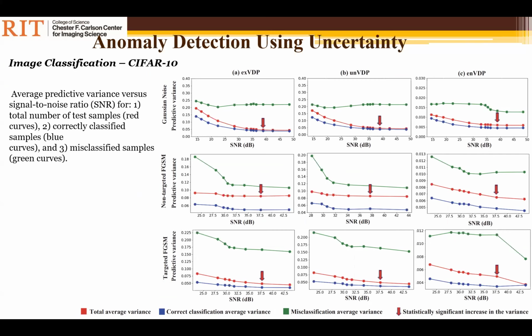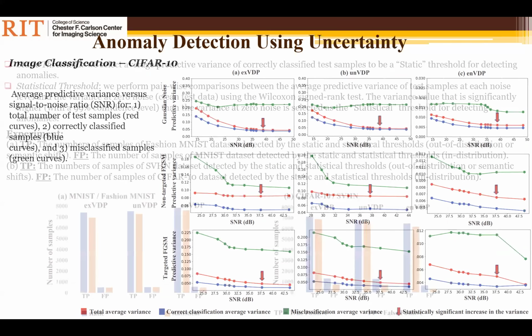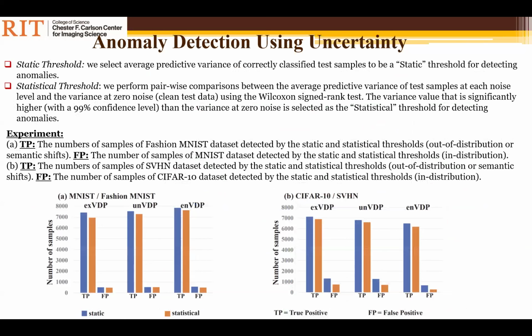There could be adversarial noise or any type of noise, or it's just anomalous samples that may not be very close to our training dataset. And we try to apply this to detect anomalies.